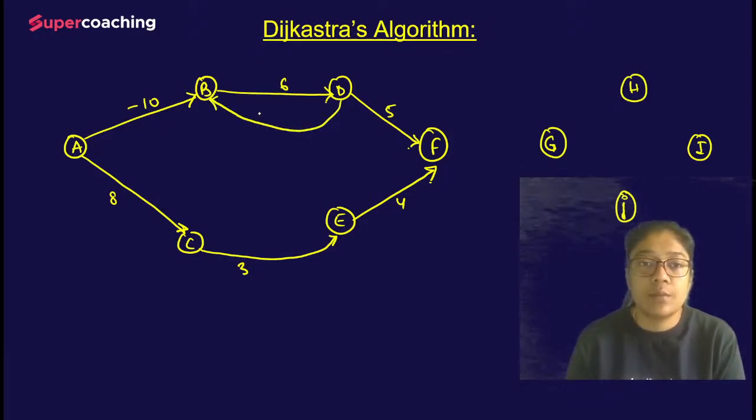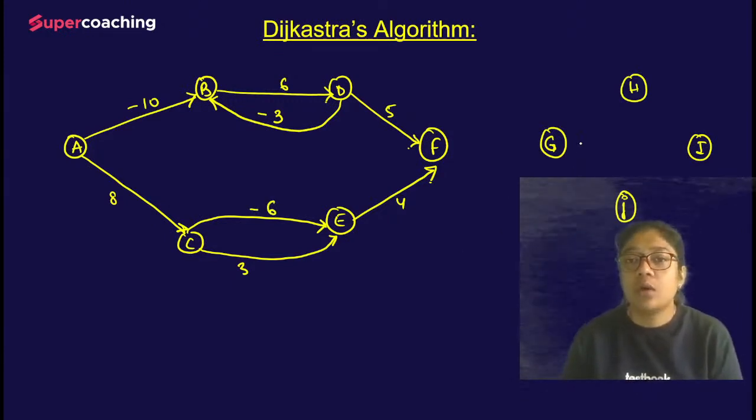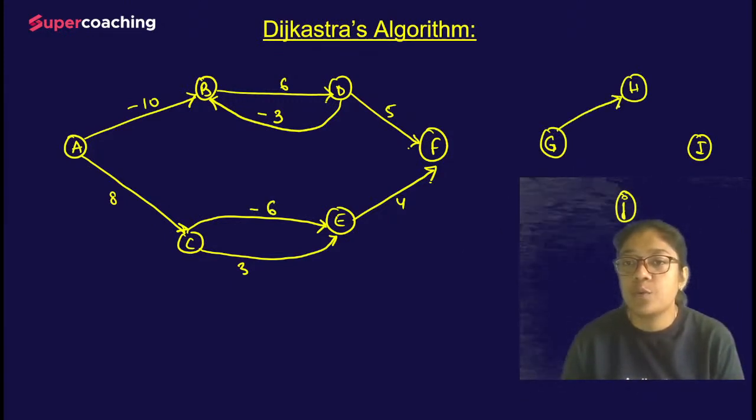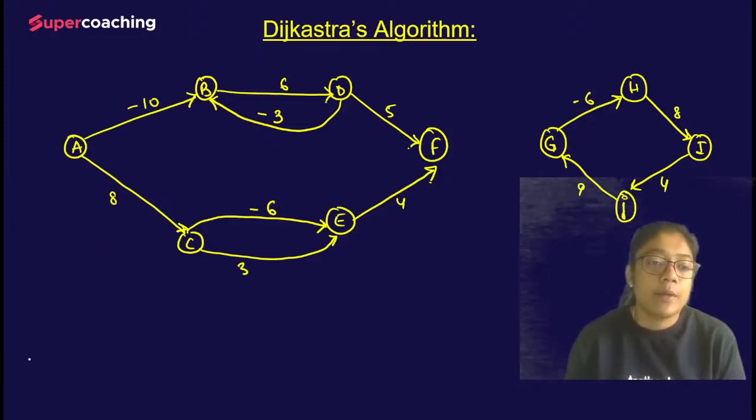This is -3, and here I'm taking the negative edge. This is -6. Now, 4 more vertices are there. Something like this: -6, 8, 4, 9. Here, I'm assuming that A is the source vertex.